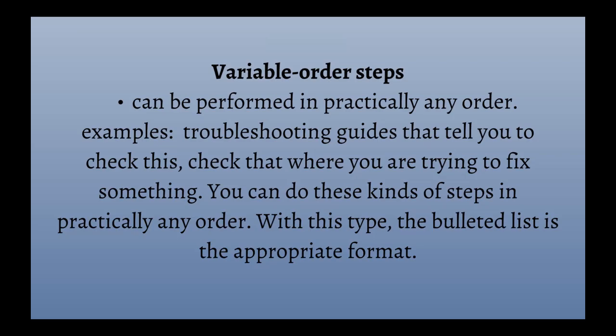And you wouldn't have numbers on this one. So it can be this step, then that step, then another step. Remember, when you use numbers, you are actually putting in place a fixed order sequence. For the variable order steps, it can be performed practically in any order.